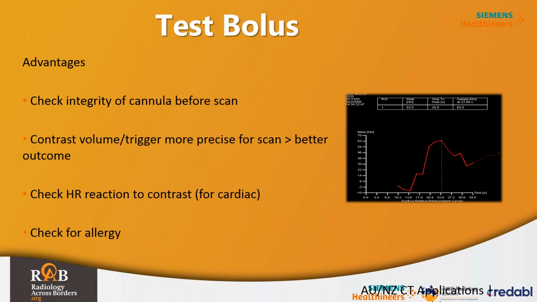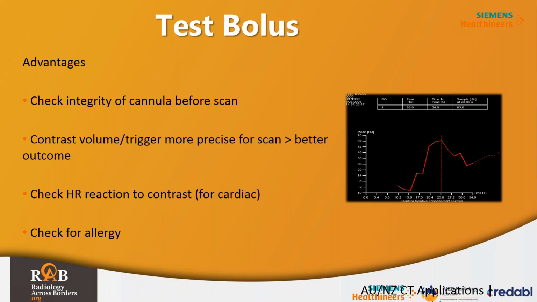So looking at test bolus, there are some significant advantages of using this, but it is a little bit more complicated, so people don't tend to use it. It enables us to check the cannula before we actually do the scan. It's also potentially more precise in our scan times.